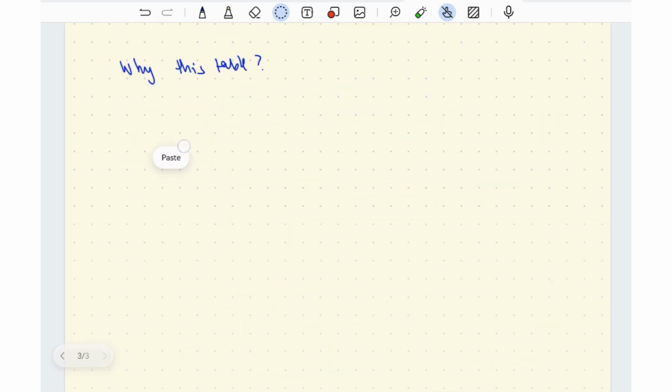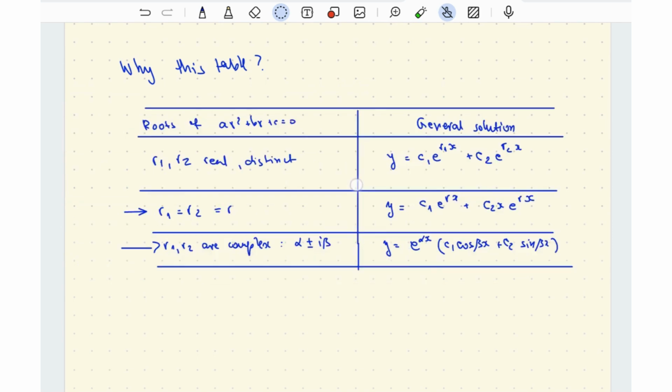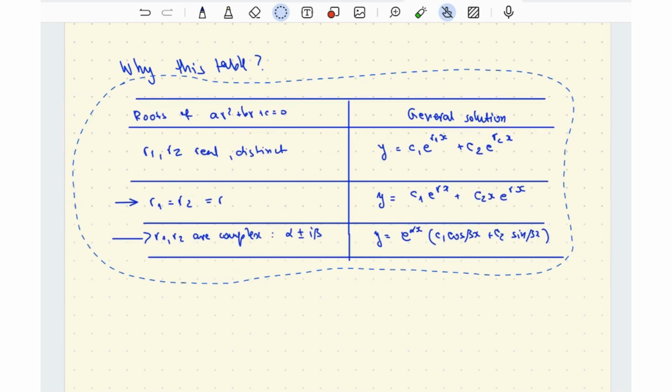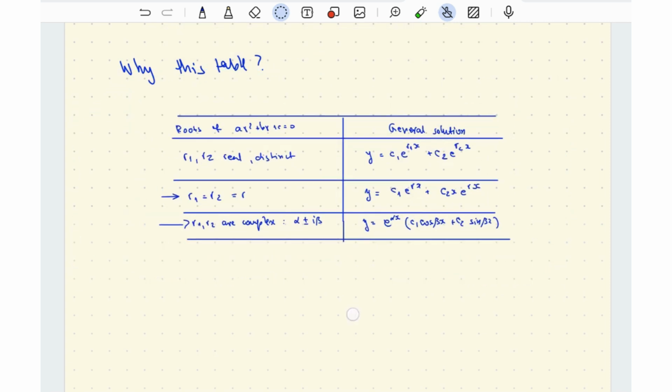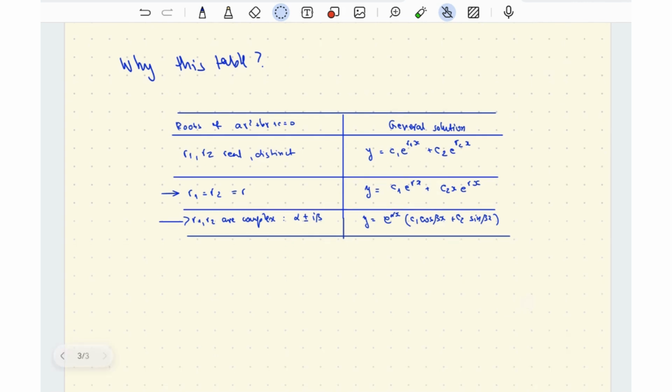So why do we have this table? Okay, so let's see. We have the characteristic equation.